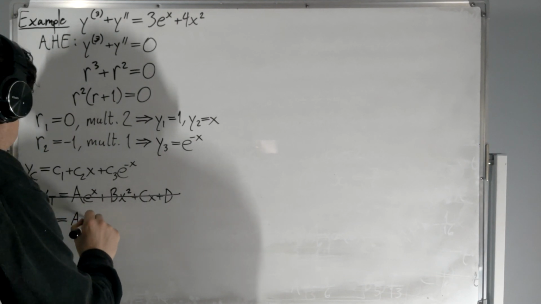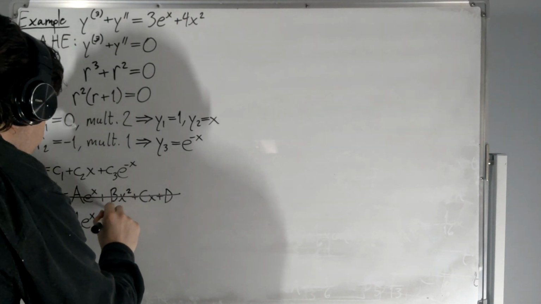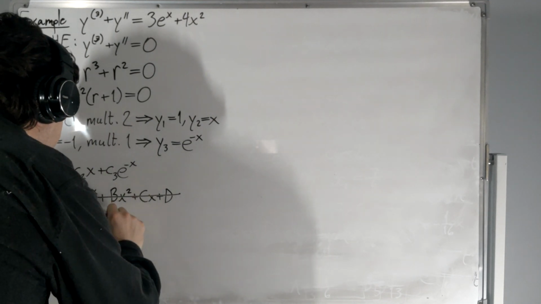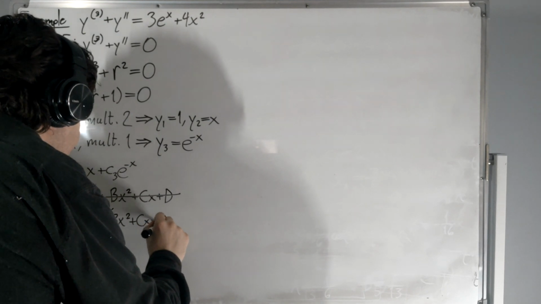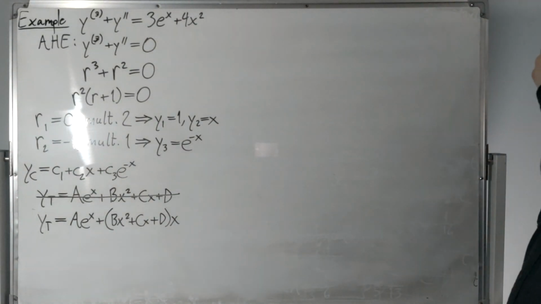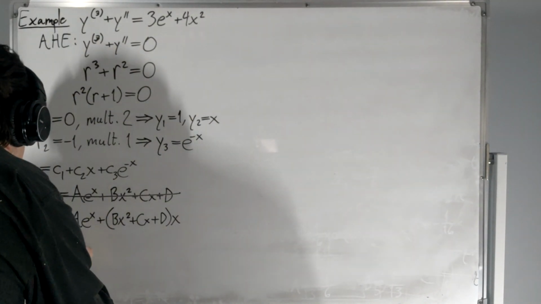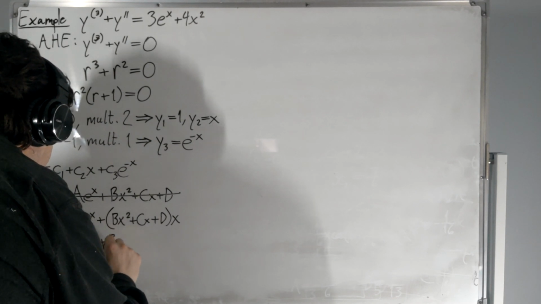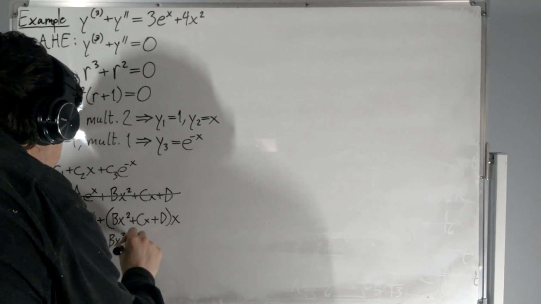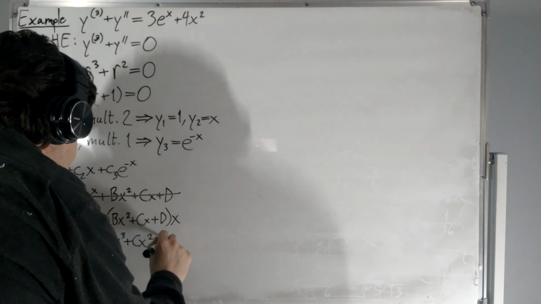So a e to the x plus bx squared plus cx plus d times x. Which, by the way, is the same thing as a e to the x plus bx cubed plus cx squared plus dx.